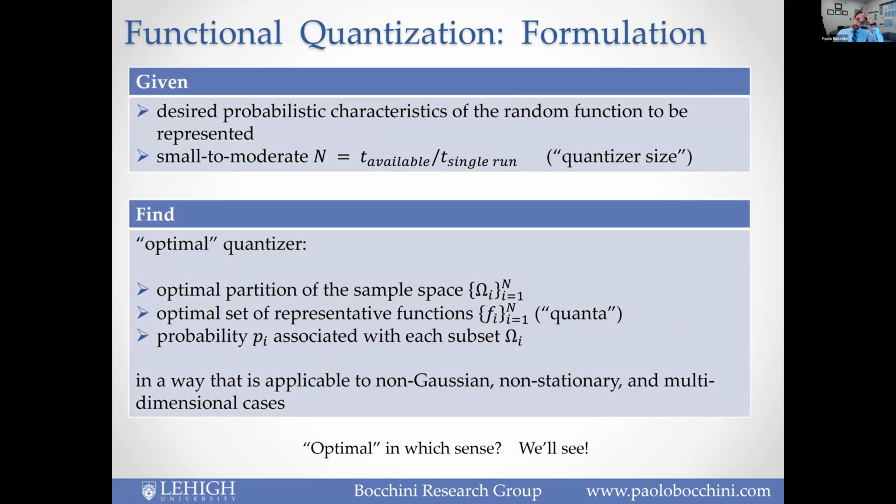So if we want to formulate this in a slightly more formal way, we say that given the desired probabilistic characteristics of the random function to be represented and the small to moderate number of scenarios that eventually we want, that you can simply calculate as the time available over the time of a single run, we have to find an optimal quantizer, which means an optimal partition of the sample space, an optimal set of representative functions, and the probability associated with each subset in a way that is applicable to random fields that have the characteristics of intensity measure maps.